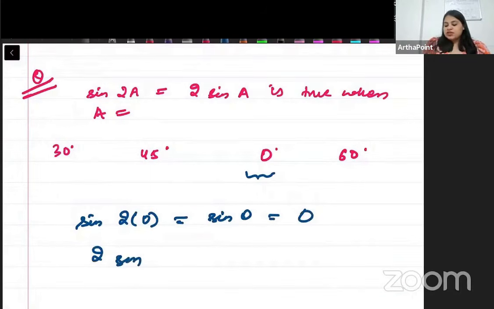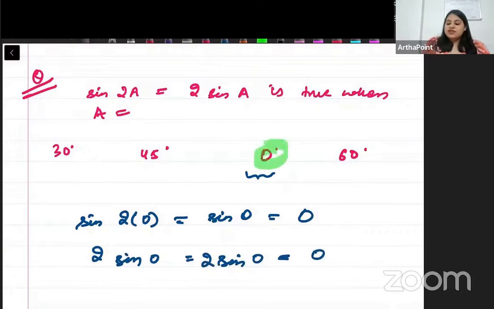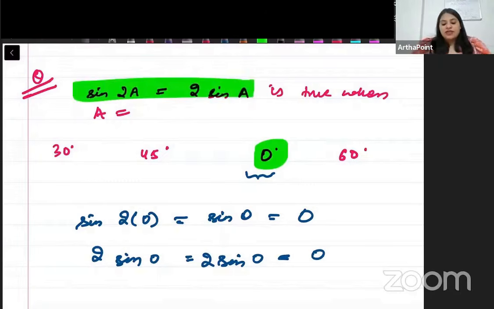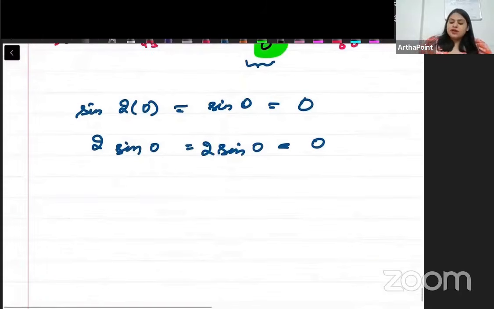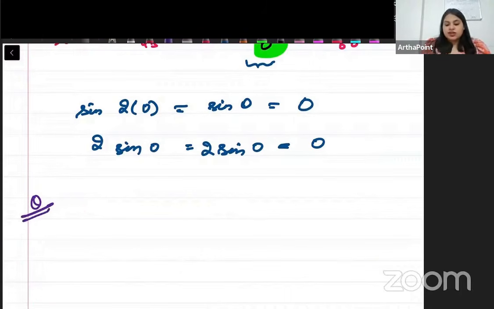And 2 sin 0 will also be 0. So both give me 0, these two are equal to each other, and therefore that will be the correct option.